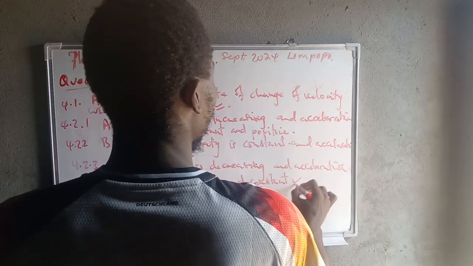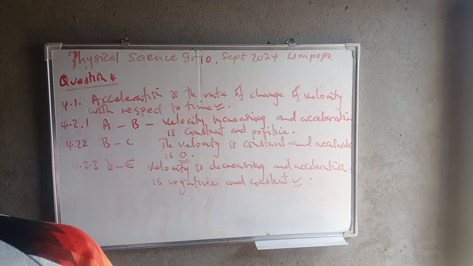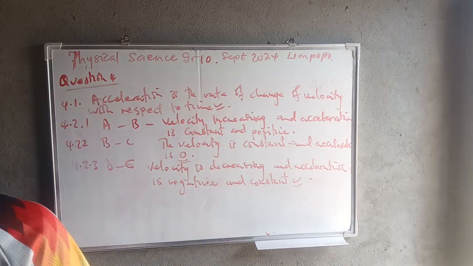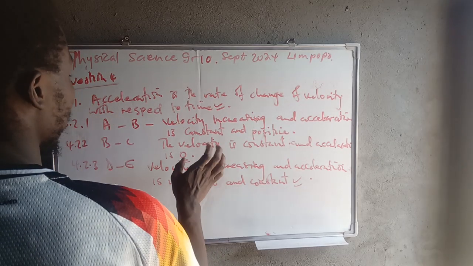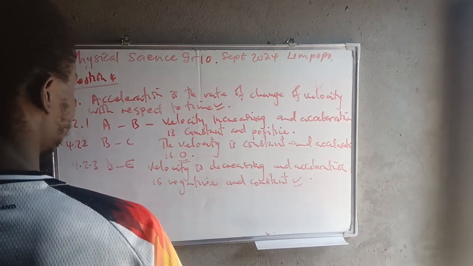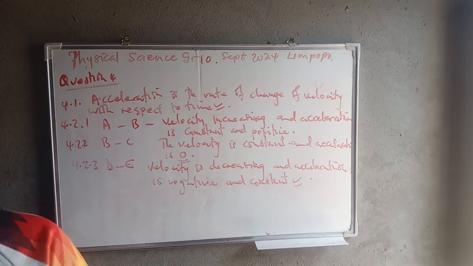So we have described A to B, velocity is increasing and acceleration is constant and positive. B to C, velocity is constant and acceleration is 0. D to E, velocity is decreasing and acceleration is negative and constant. That's what we were given from the diagram.